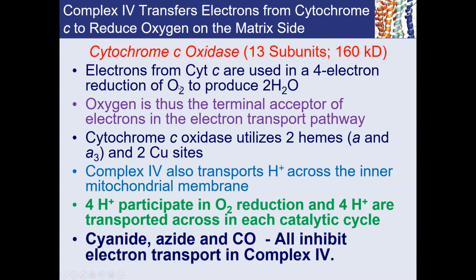So if you have to reduce molecular oxygen, you can see O2, you will need 4 electrons to generate 2 moles of water. So a complete reduction of a molecule of oxygen requires 4 electrons to generate 2 moles of water.